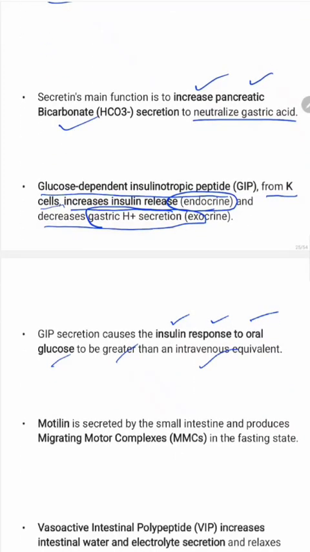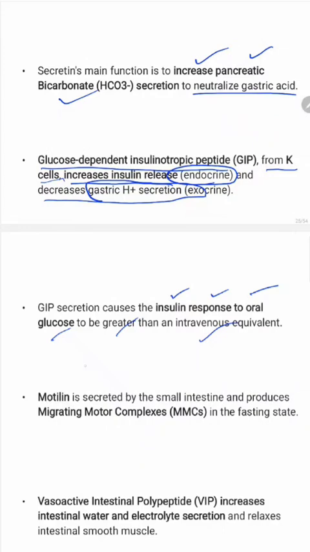Okay, now if a person takes glucose by mouth, it will not increase the plasma glucose concentration as much as in the person to whom we give IV glucose, because with oral glucose there is GIP secretion and GIP will increase the insulin. As a result, insulin will shift the glucose inside the cell.